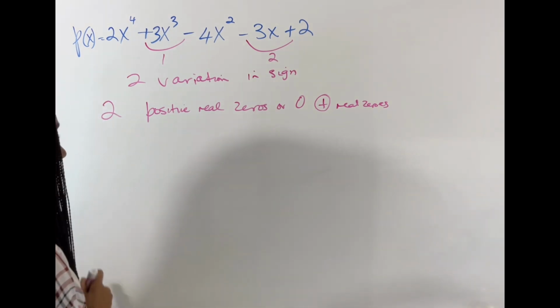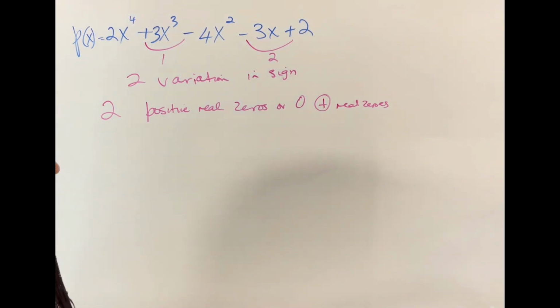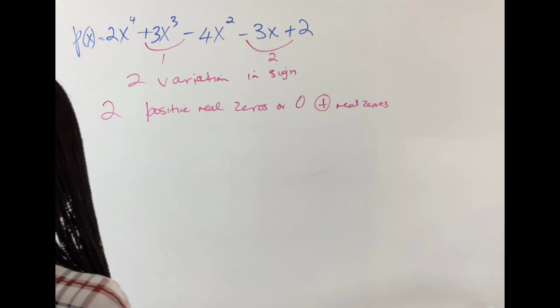And now we need to find out how many negative real zeros we will end up with, and we must test it with P of negative x.